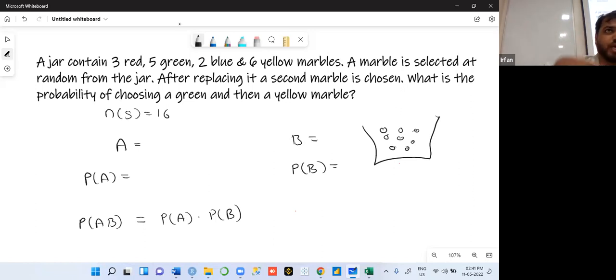So what you have to find: first picking is green. How many green do we have? We have 5. And how many yellow? 6. Probability of A will be 5 by 16. B will be 6 by 16. Can you solve this?